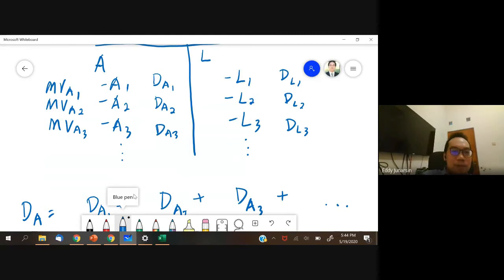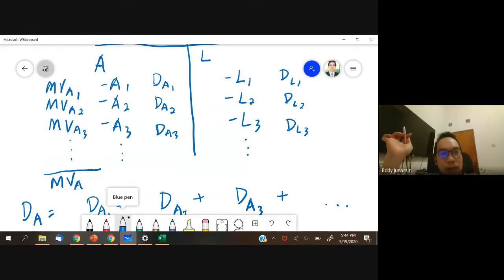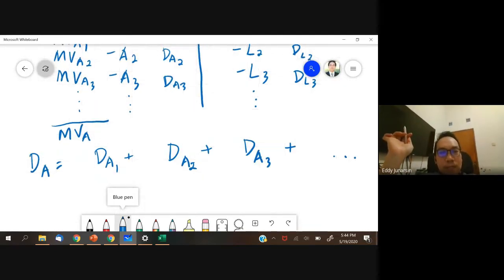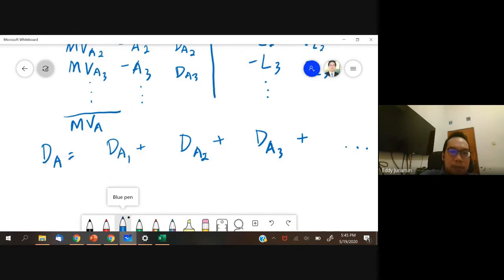And then, in total, we have the market value of the whole assets. So what is the weight for this one? This is the market value of asset 1 divided by the total market value of the whole assets. You see, this is the market value proportion of asset 1 relative to the whole assets.